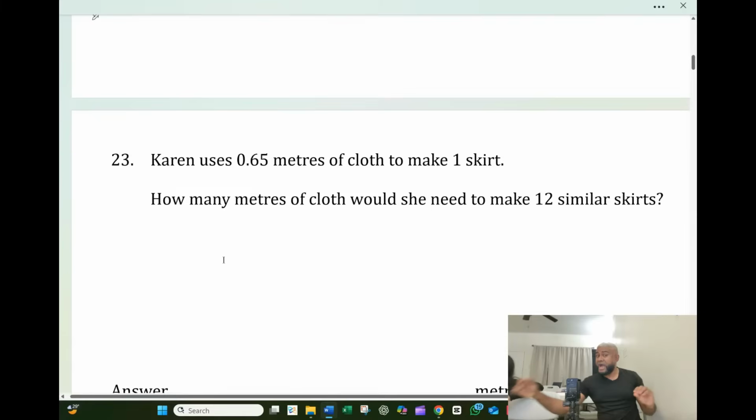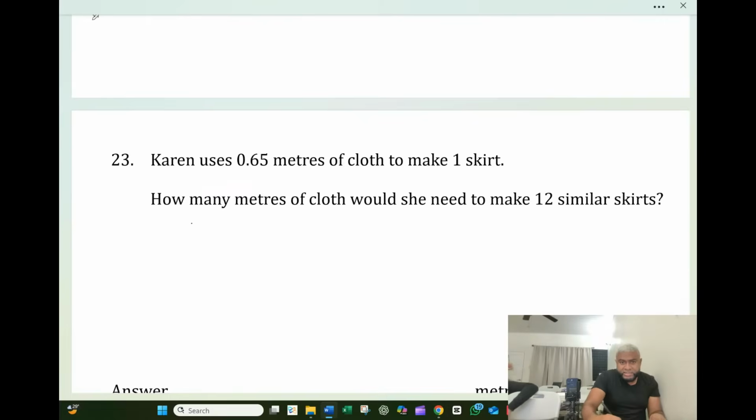Right. So Karen uses 0.5 meters of cloth to make 1 skirt. No, she used 0.65 meters to make 1 skirt. How many meters of cloth would she need to make 12 similar skirts? So one skirt would be 0.65 meters, right?